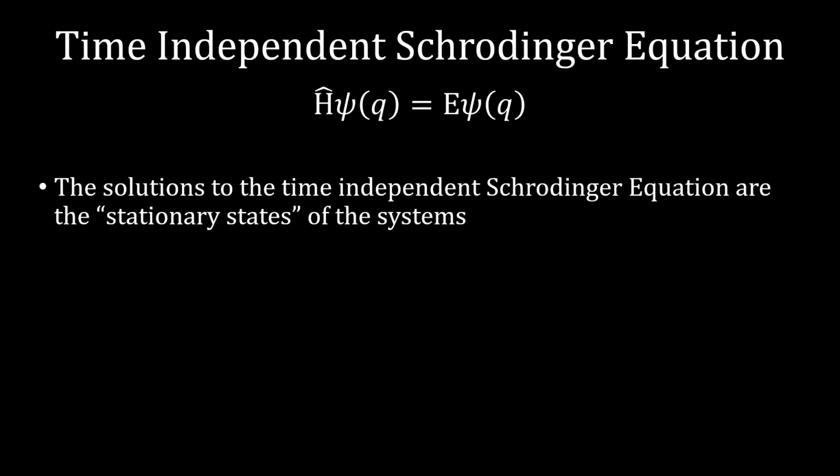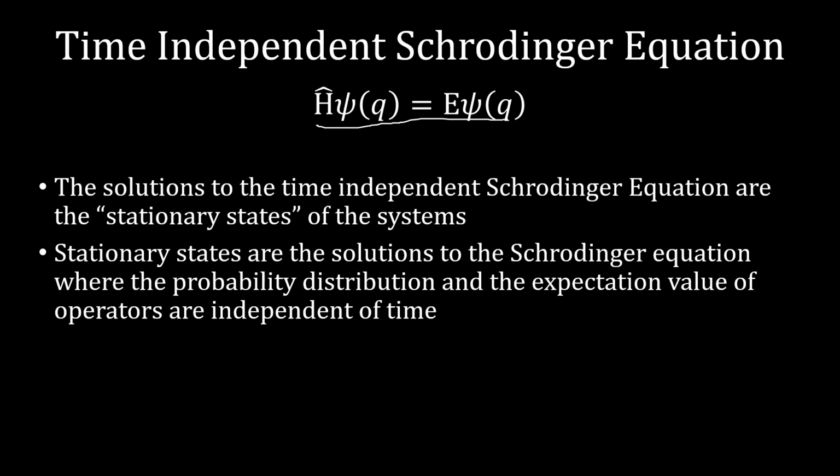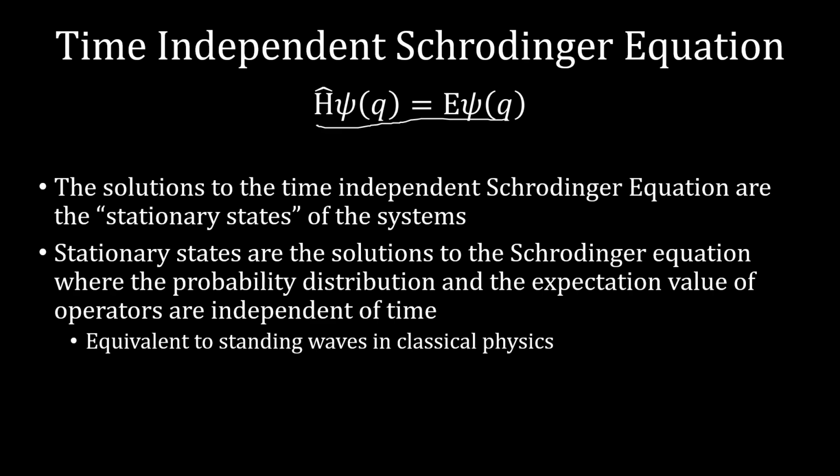The solutions of the time-independent Schrodinger equation, again this equation here, are the stationary states of the system. So what are stationary states? Stationary states are the solutions to the Schrodinger equation where the probability distribution and the expectation values of operators are independent of time. We can think of this physically as a standing wave from classical physics.